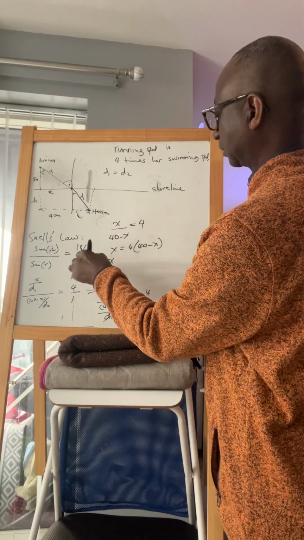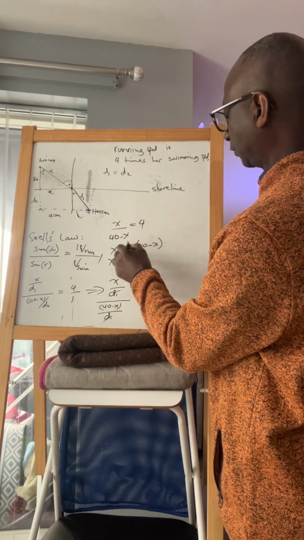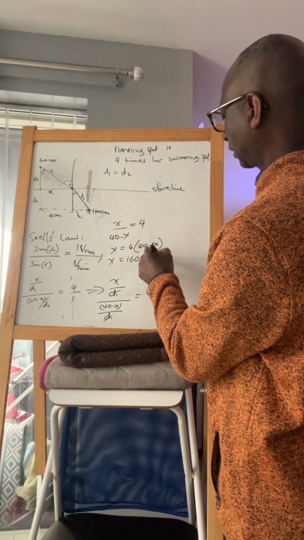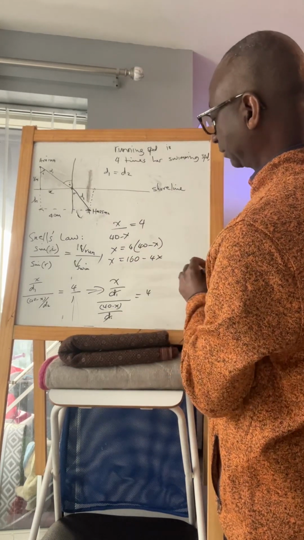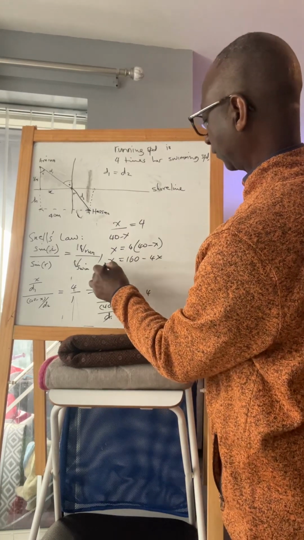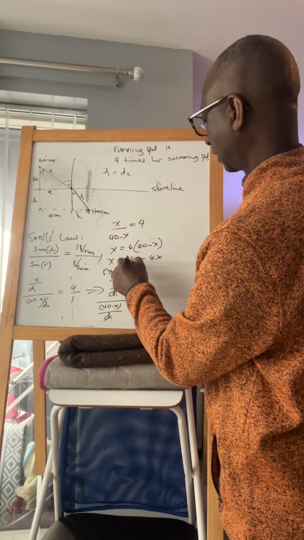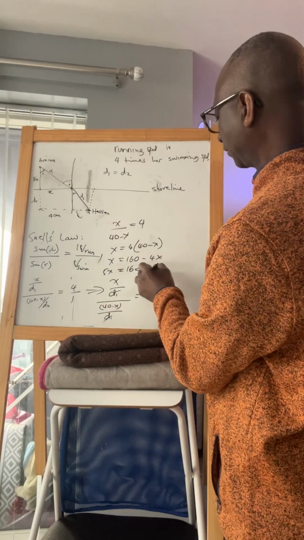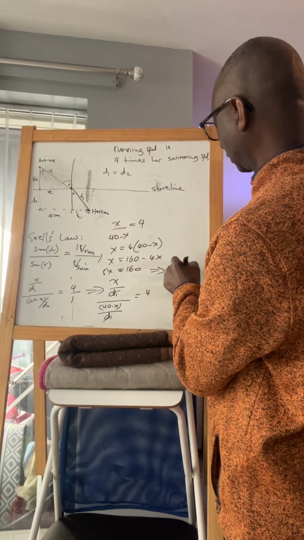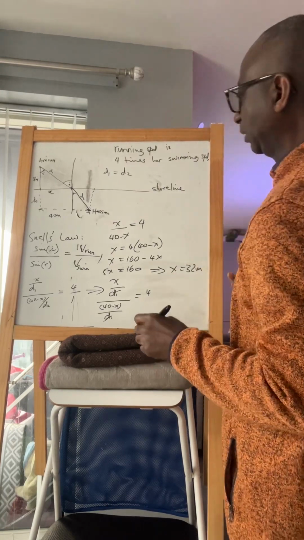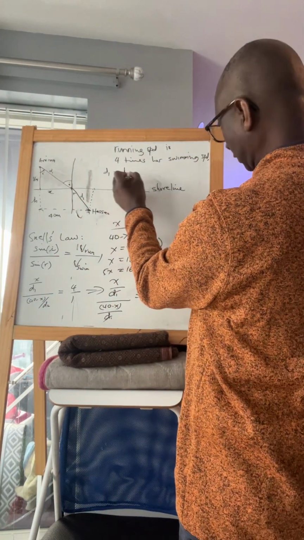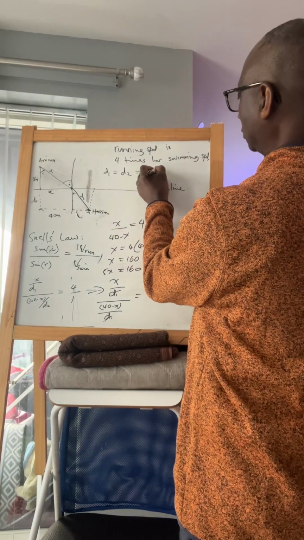So x is equal to 160 minus 4x. Now you have 5x equals 160. If you divide both sides by 5, this will give you x equals 32 meters. So we now know this D1 or D2 is equal to 32 meters.